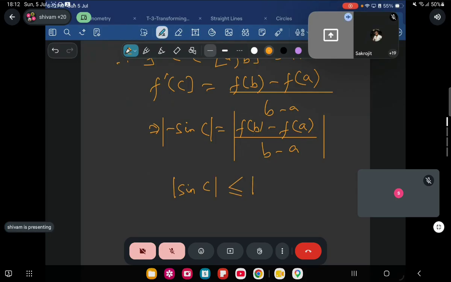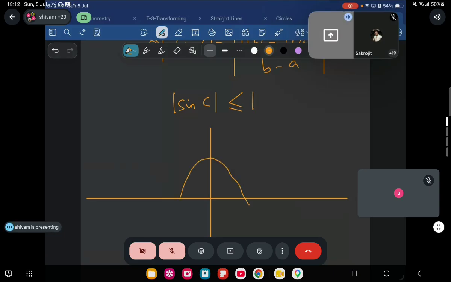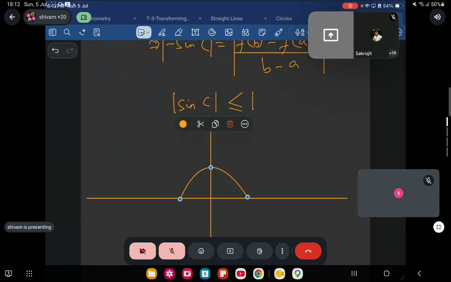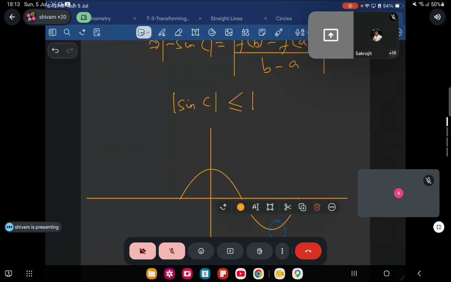I'll show you. Let us draw the graph of cos x. You remember the graph of cos x? So this is the graph of cos x. Pay attention.